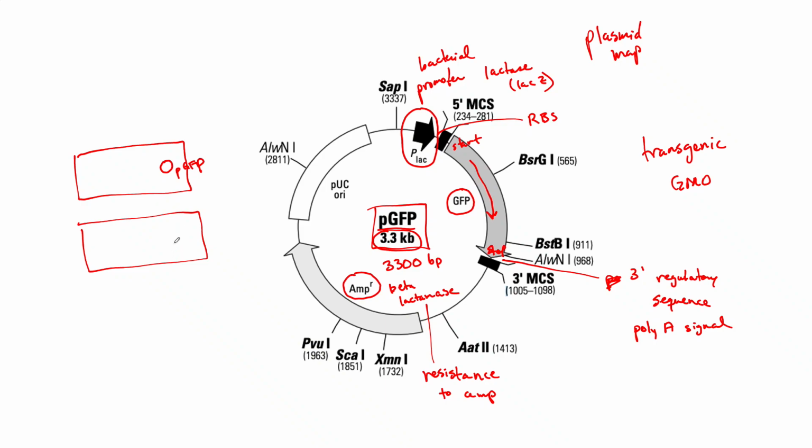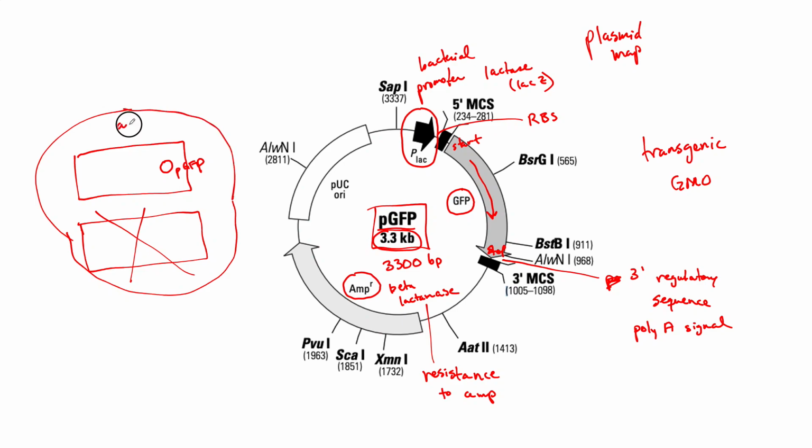And the way you do that is you kill off these bacteria by adding ampicillin to all of your bacteria. And when you do that, cells that don't have the ampicillin resistance gene, because they don't have the plasmid, won't survive, and only the bacterial cells that do have the plasmid will live.